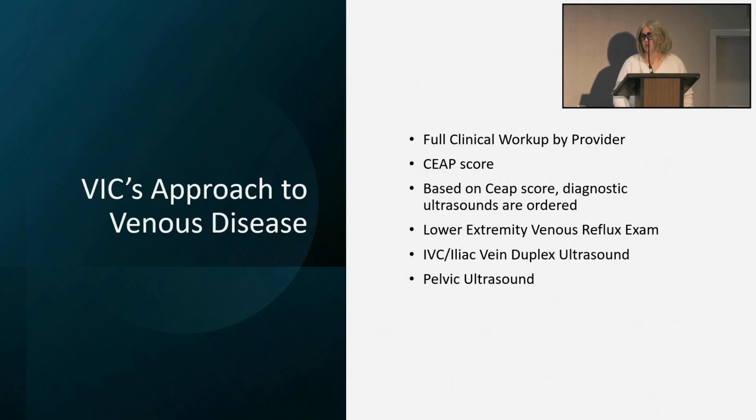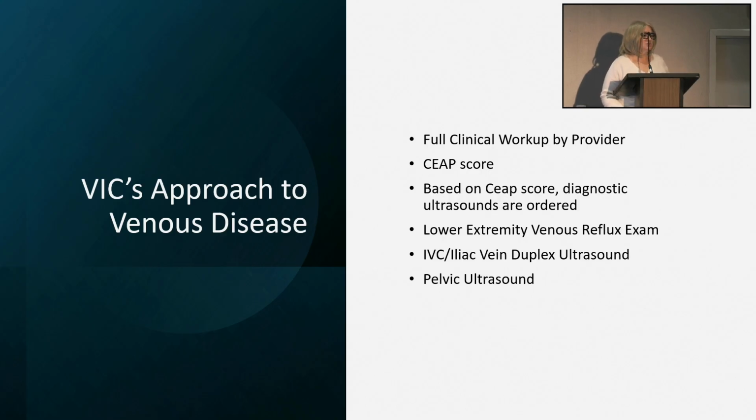And May-Thurner. VIC's approach to venous disease, basically we do a full clinical workup by the provider. That includes assigning all patients that present for a venous workup a CEAP score. Based on that CEAP score, the diagnostic ultrasounds are ordered, which would be either a lower extremity venous reflux, or CEAP 3 and higher would get an IVC iliac vein duplex.